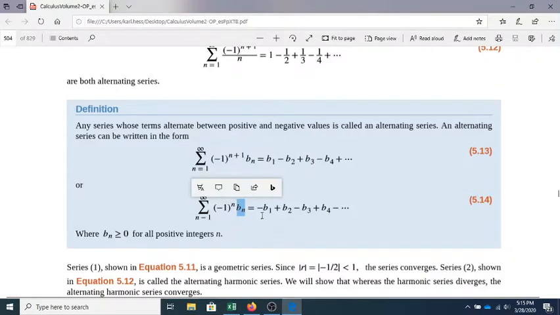That makes it so that the terms go negative, positive, negative, positive, instead of positive, negative, positive, negative. Either way, we would consider that to be an alternating series. Notice the note down here where the rest of the nth term, whatever that b sub n represents, has to be greater than or equal to 0 for it to be considered to be in this form of an alternating series.